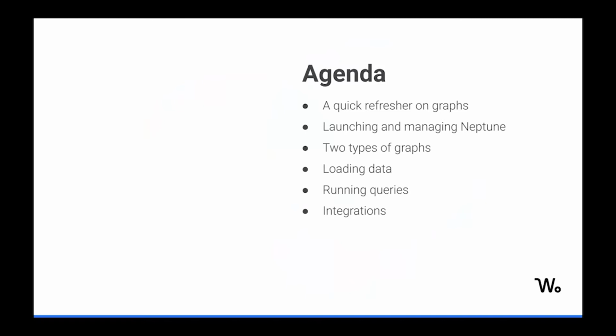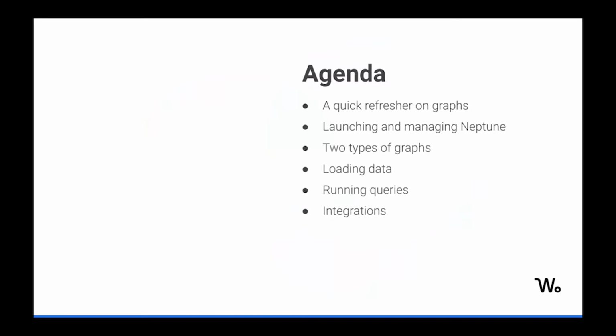So I'm going to try to give an intro to Neptune and perhaps even be able to explain why you would want to use it, or possibly why you don't need to use Neptune. I think that's an interesting question as well. Graph databases are not for everyone.